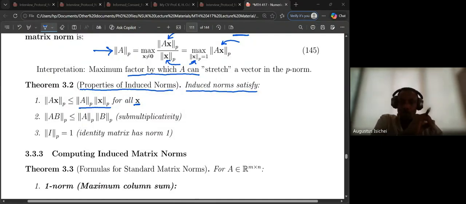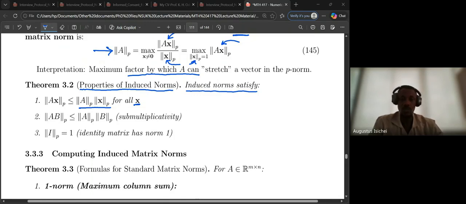The norm of Ax subscript P is less than or equal to the norm of A subscript P times the norm of x subscript P, for all x. This is the first property of the induced norm.